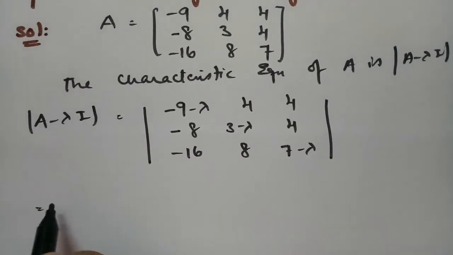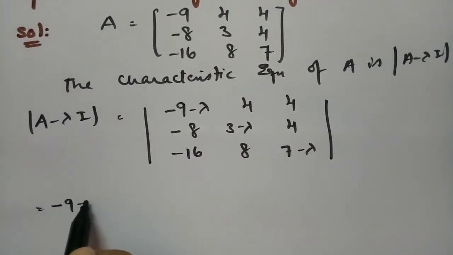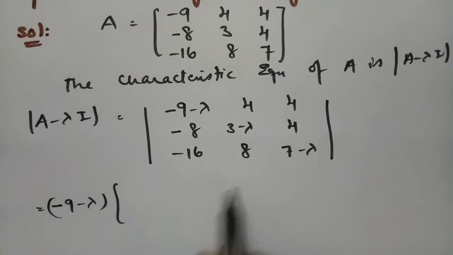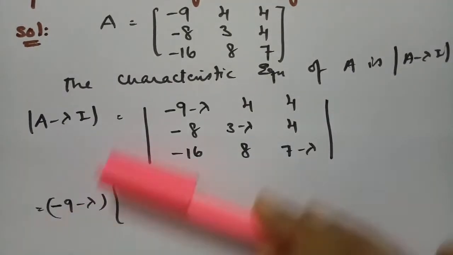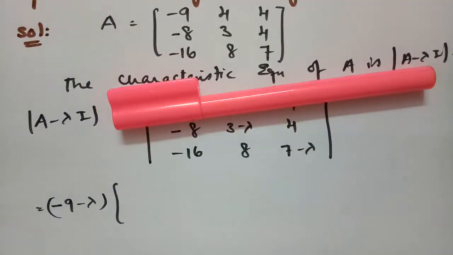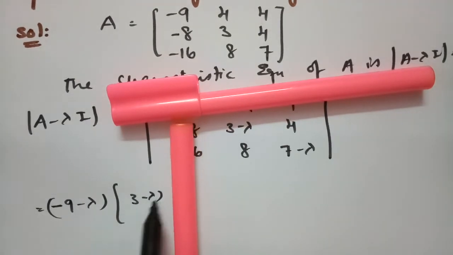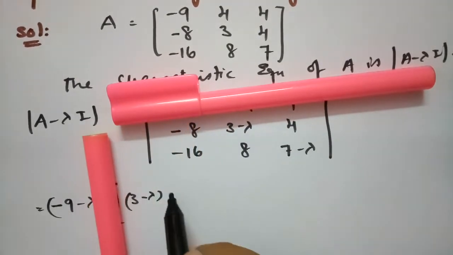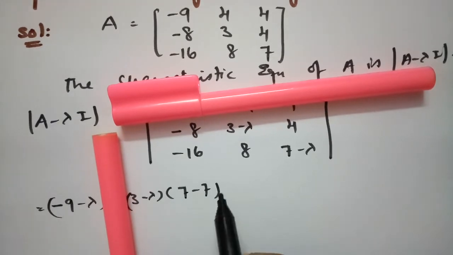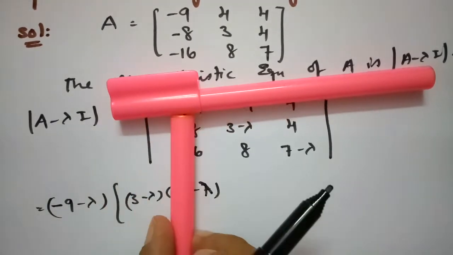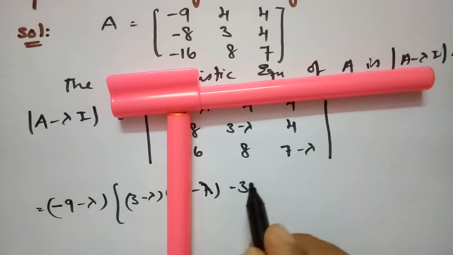So for this, this will be -9 minus lambda into, see, I have to close this row and this column. So this will be 3 minus lambda into 7 minus lambda minus 32.